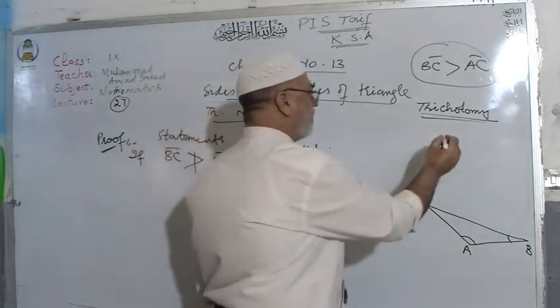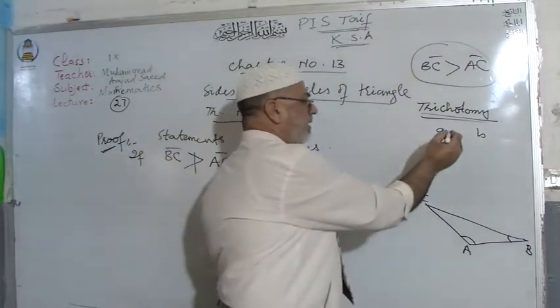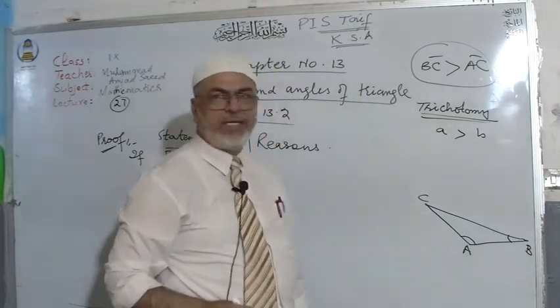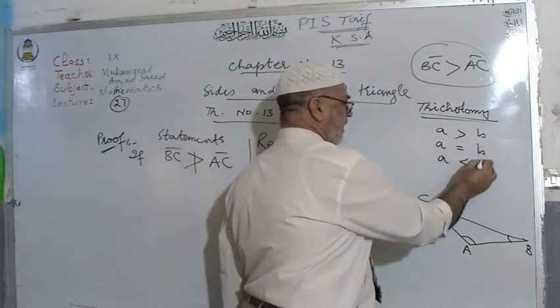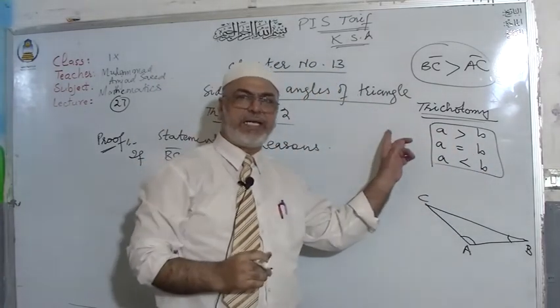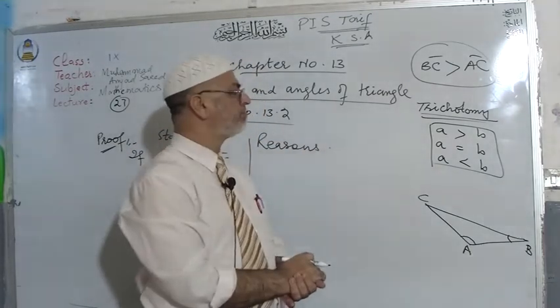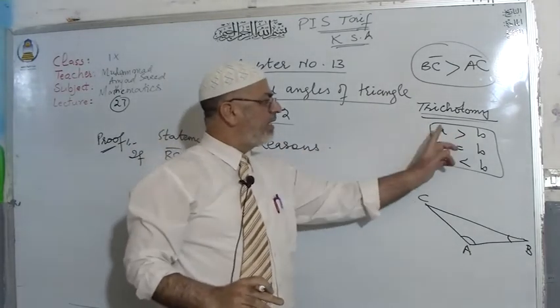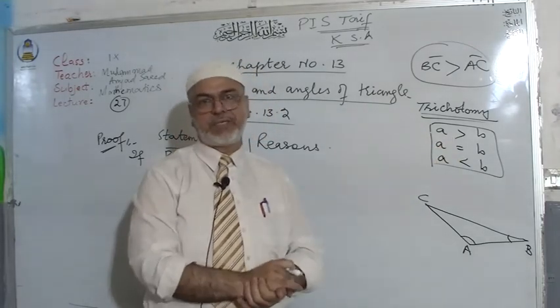For example, you are given A and B. Either A is greater than B, or A is equal to B, or A is less than B. These are three possibilities between any two numbers. This is known as the trichotomy property.